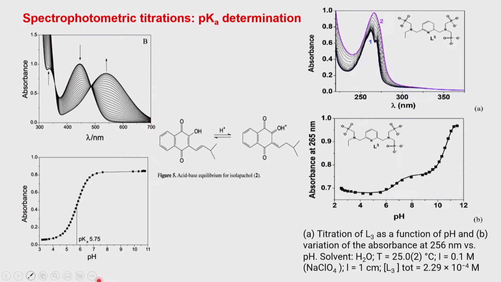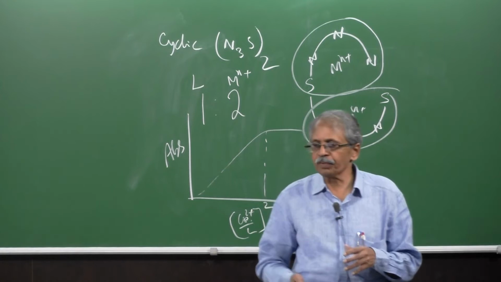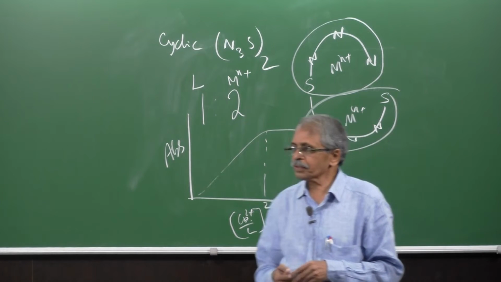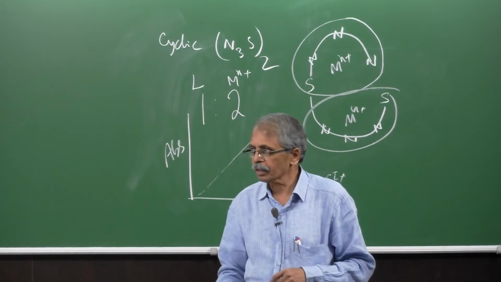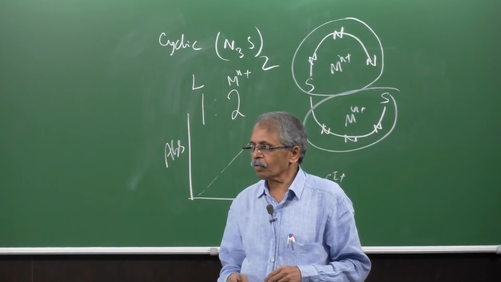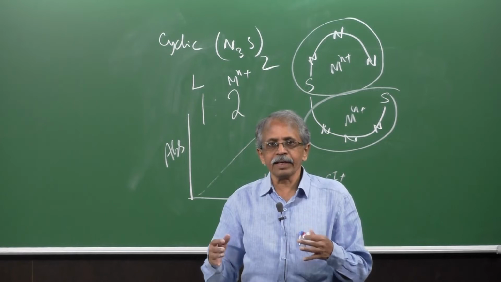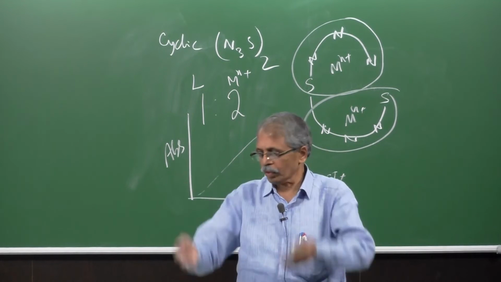So not only finding out the ratio between the metal to the ligand complexation, and by looking at the absorbance values, whether it is a tetrahedral or octahedral, other things can also be talked about. In some cases, the ligands will bind upon deprotonation.